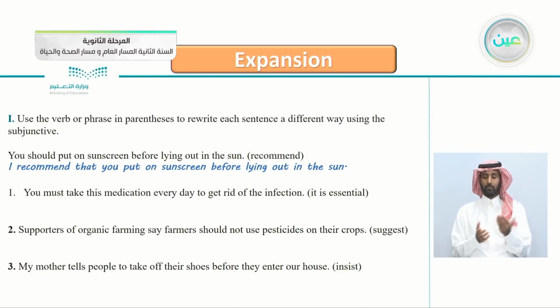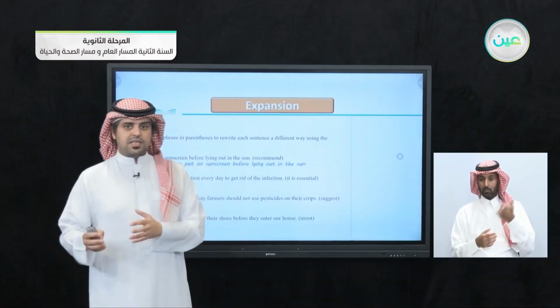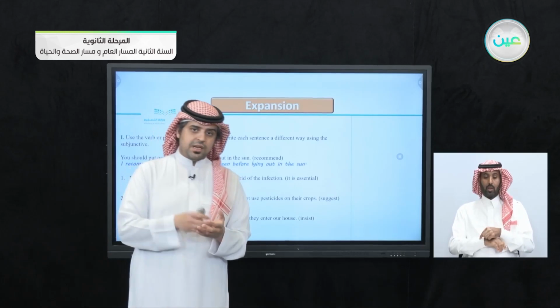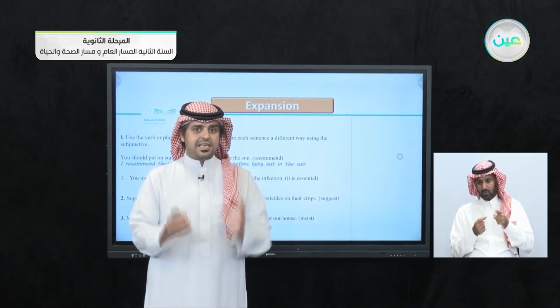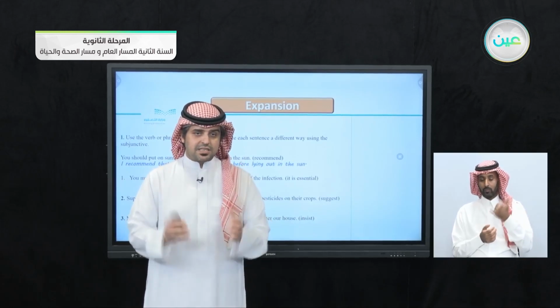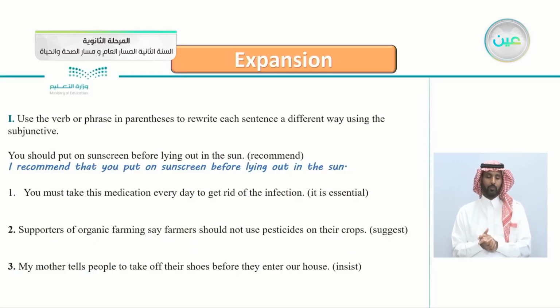So let's do the first one now. Number one, you must take this medication every day to get rid of the infection, and you say it is essential. So the pharmacist or the doctor is telling you to take this medication every day to get rid of the infection, and it is essential, it is necessary. So how do we rewrite this sentence using the subjunctive?